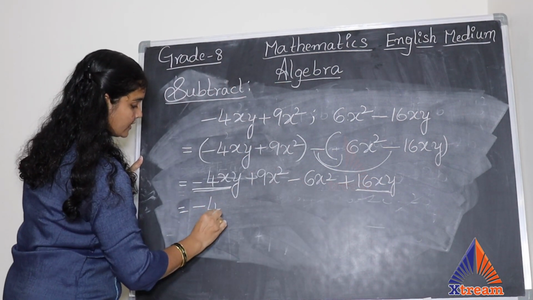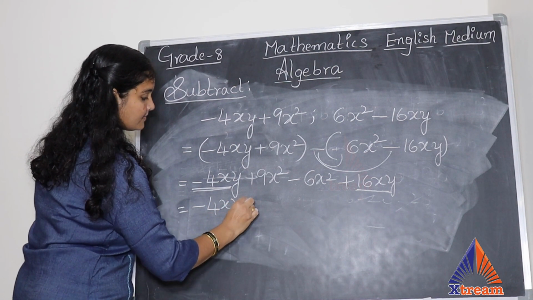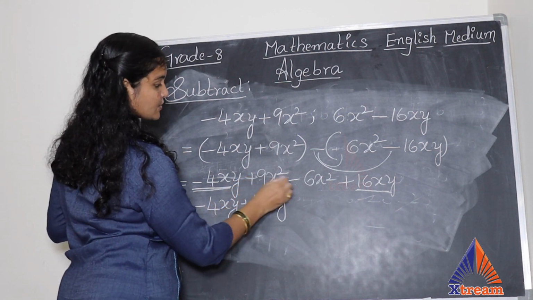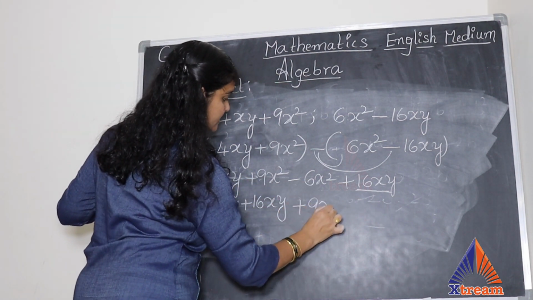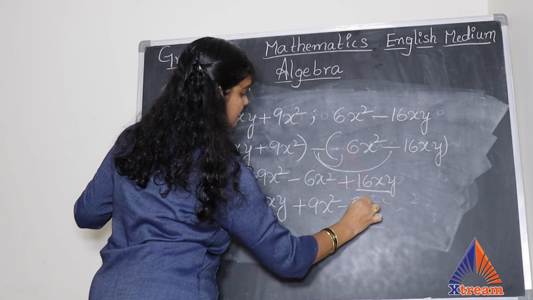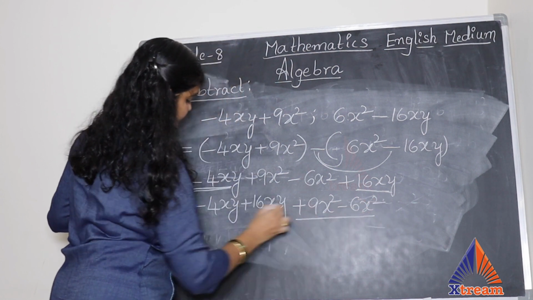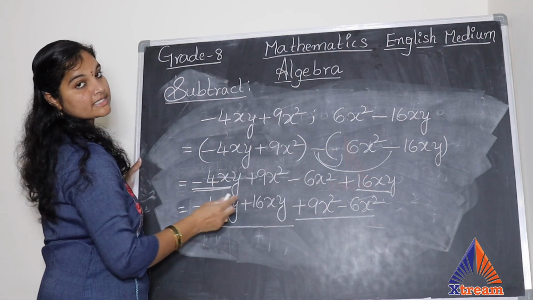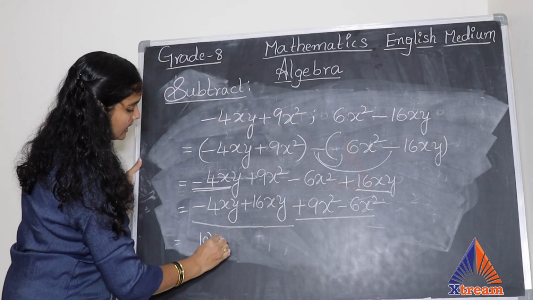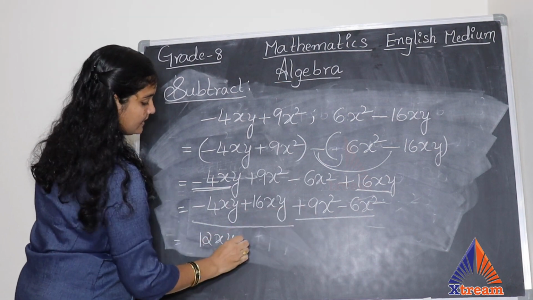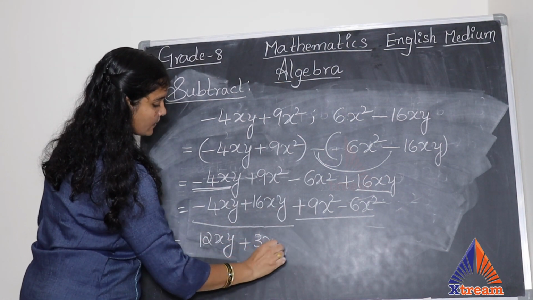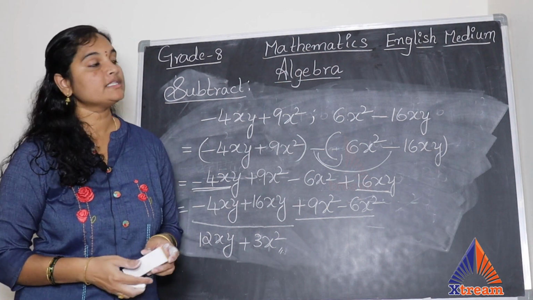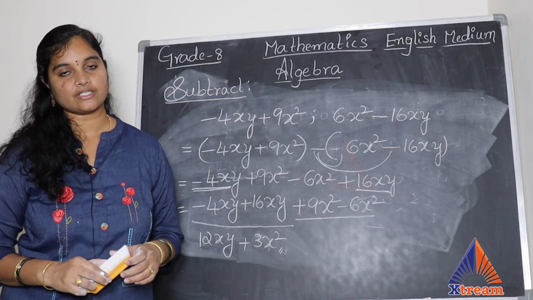So minus 4xy plus 16xy. And then the x square term, plus 9x square minus 6x square. So what do we get? Minus 4 plus 16 gives us plus 12xy and plus 3x square. This is going to be the final answer for solving these two expressions.